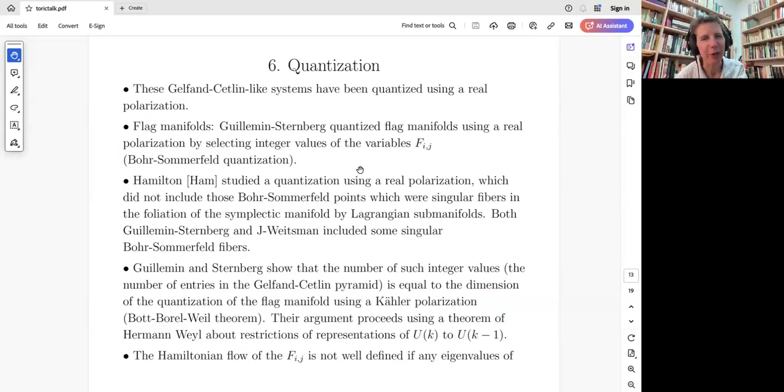And then your quantizing vector space is the space of holomorphic sections of the line bundle. So that is quantization with respect to a complex polarization. So what both Guillemin, Sternberg, and Weitsman and I did was quantizing using a real polarization. So we were using Bohr-Sommerfeld points.